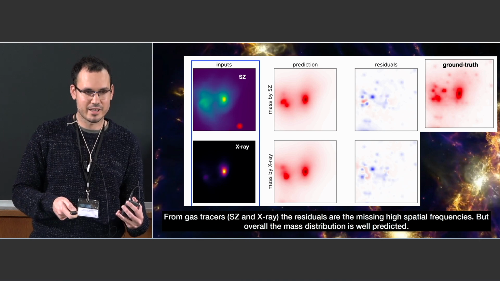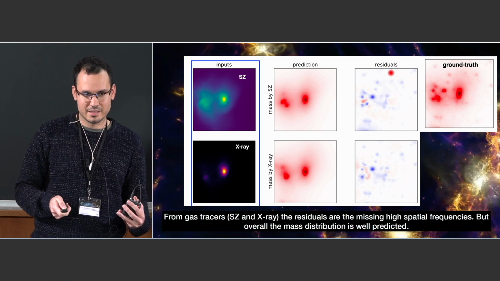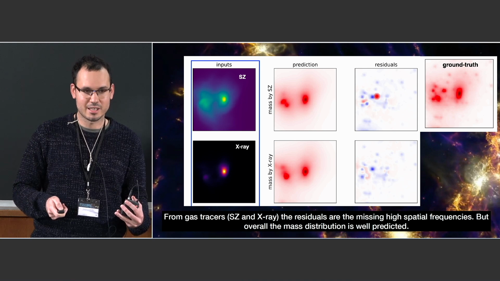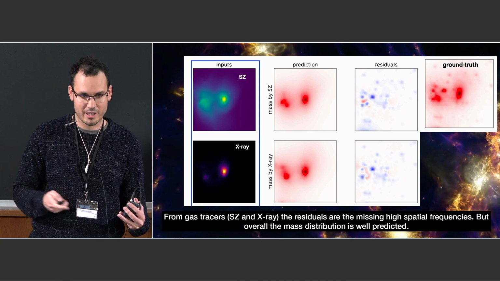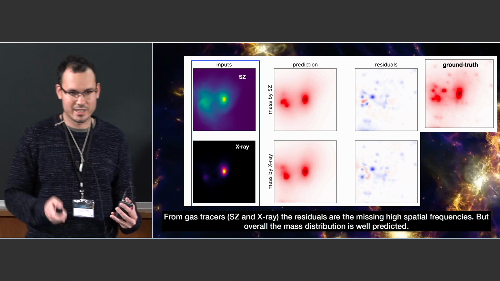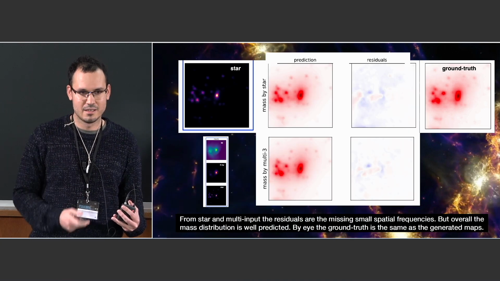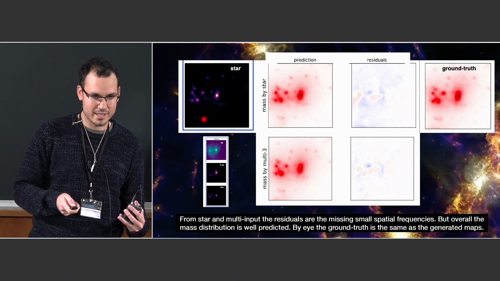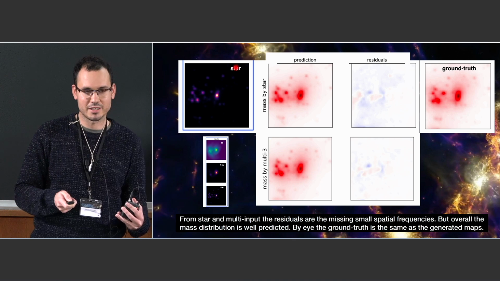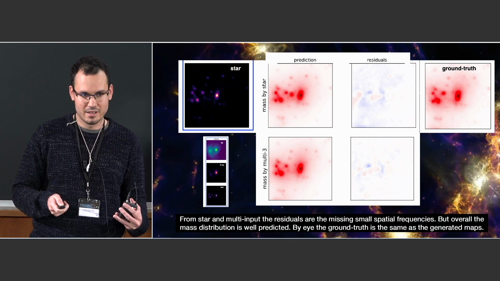This is because this high spatial frequency information is not present in the input views. So it doesn't matter how powerful the model is, you will not infer that. From stars, you take the low frequency information, and at the end you see that the prediction is very good.